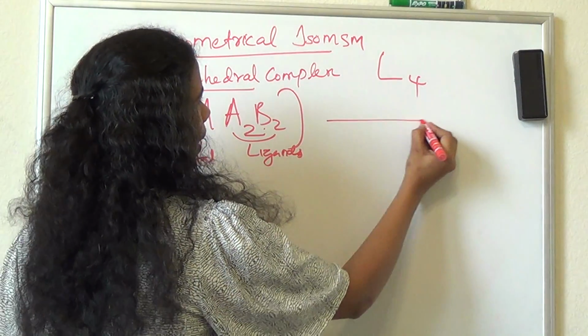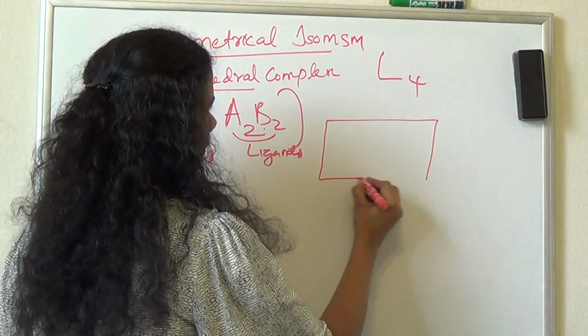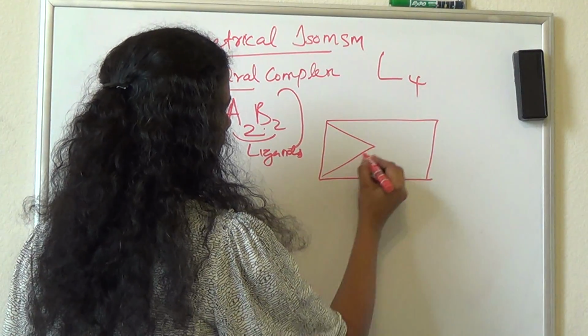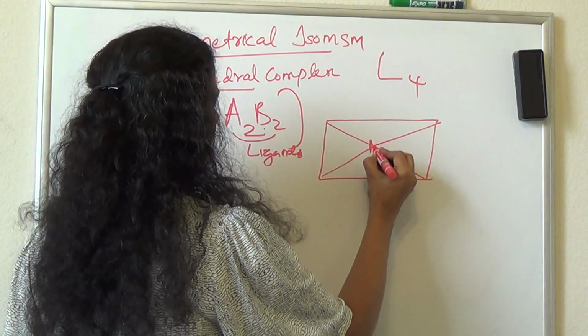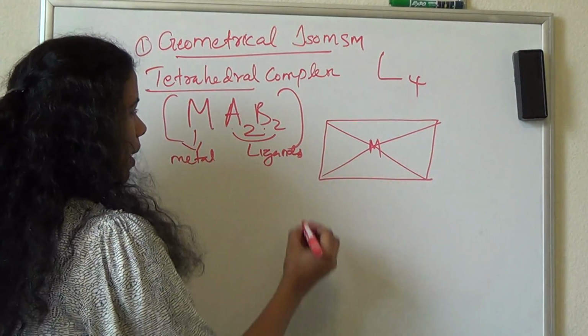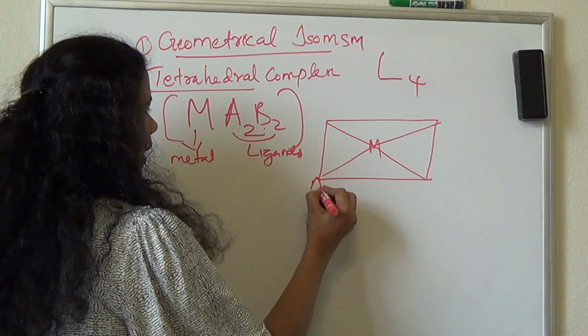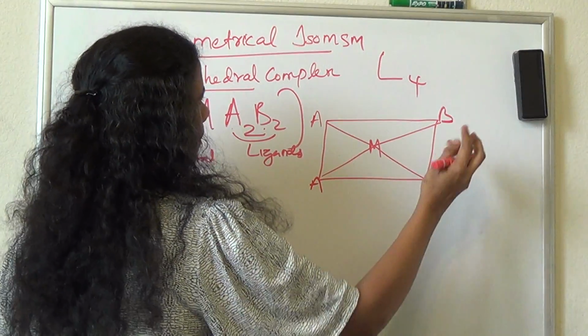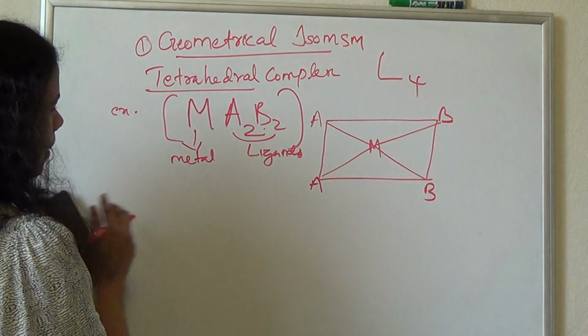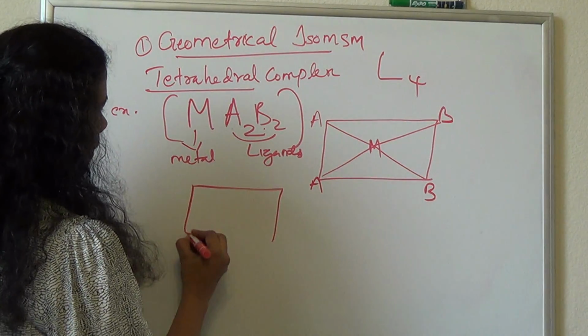So this is square planar complexes. Shape is square planar and central atom is metal. Then we can arrange the ligands A, A, B, B. And draw one more structure.